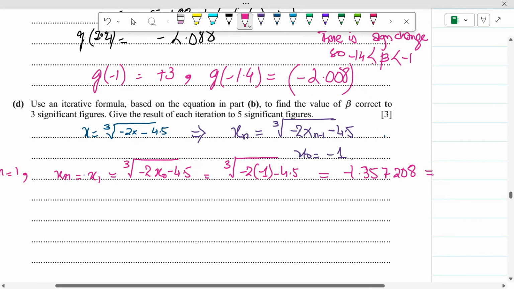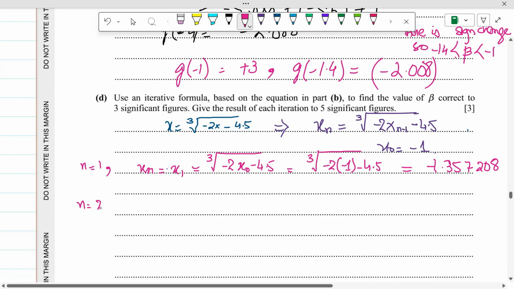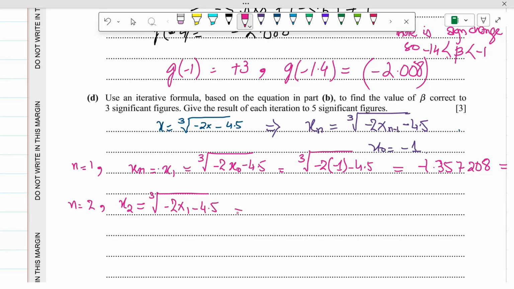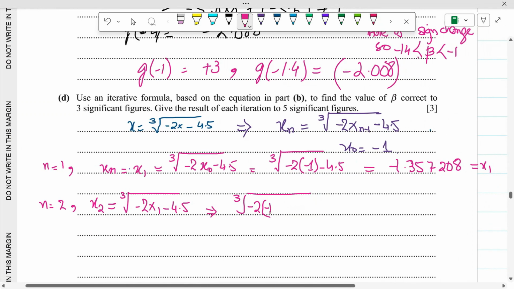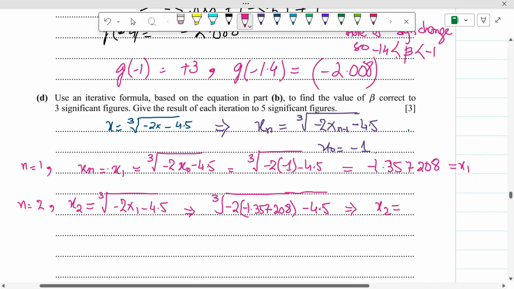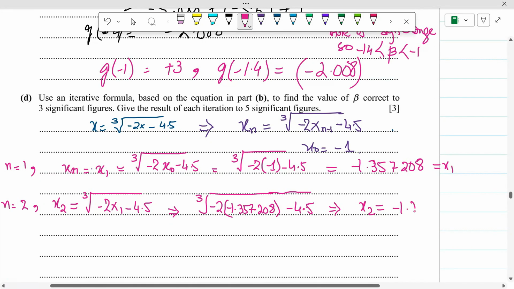When n is equal to 2, x2 is equal to the cube root of negative 2 x1 minus 4.5. Plugging in x1, negative 1.357208, and solving, we get x2 equal to negative 1.21818.